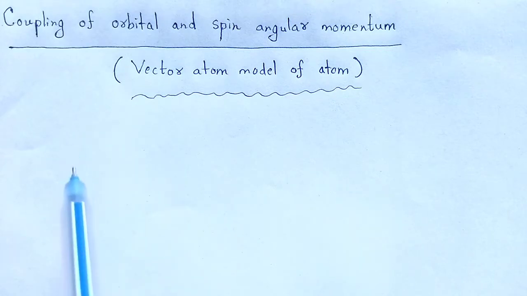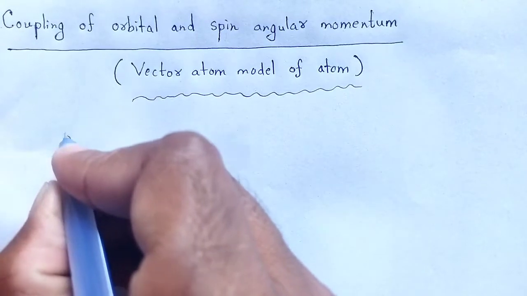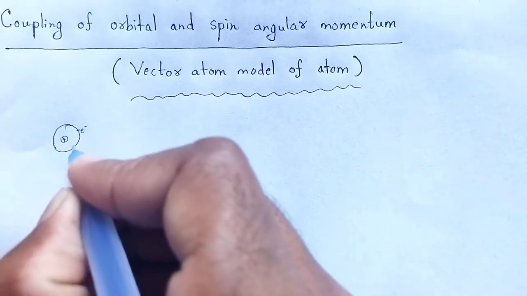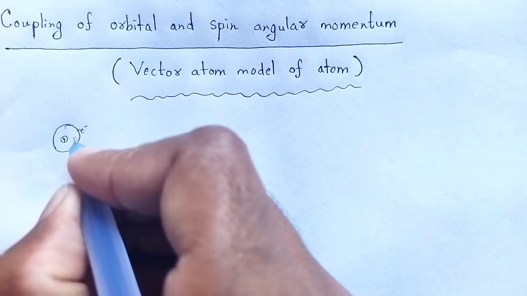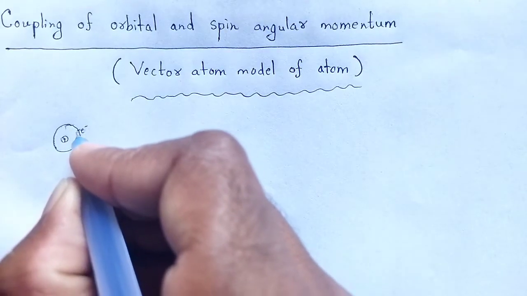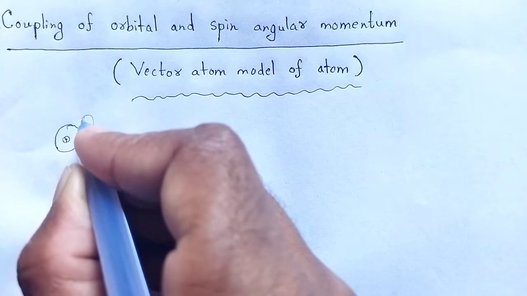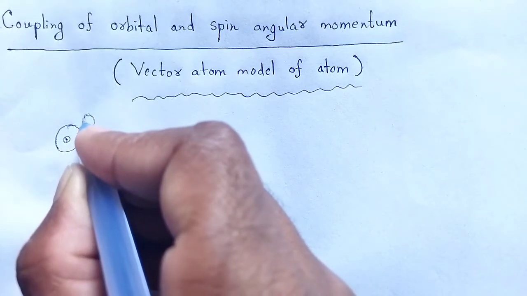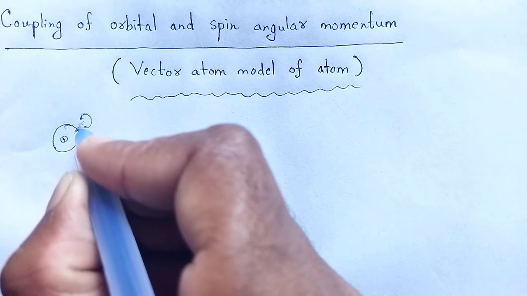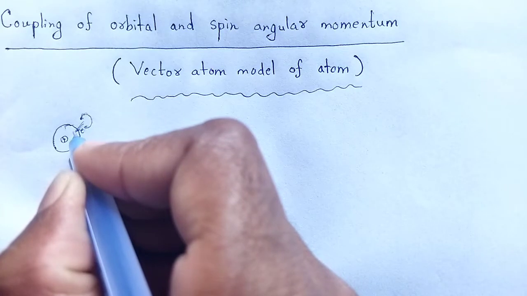Same concept. When an electron is revolving around the nucleus, it executes an orbital angular momentum, and again due to the spin of the electron, means the electron rotates on its own axis, a new type of angular momentum known as the spin angular momentum is generated.